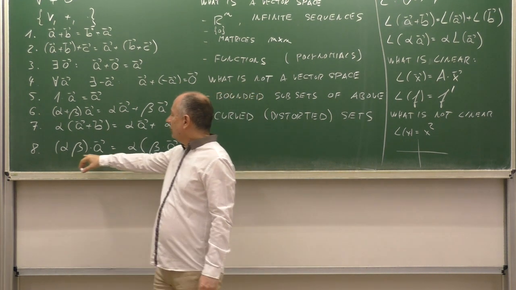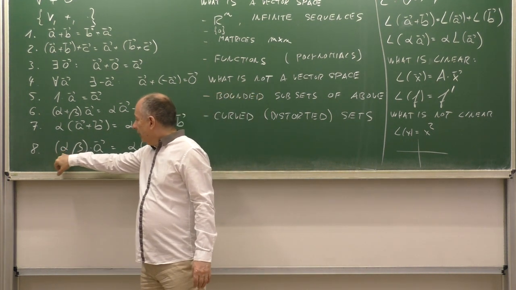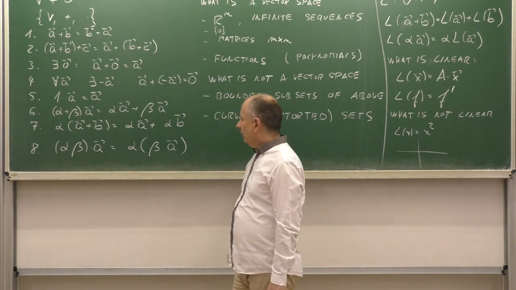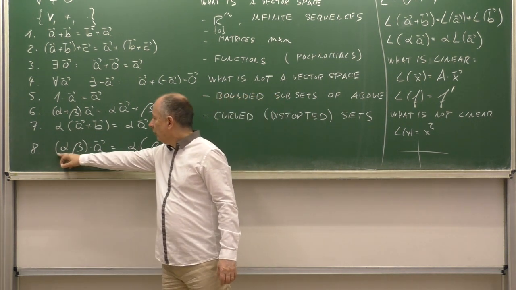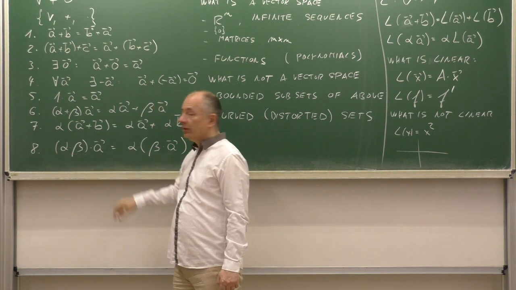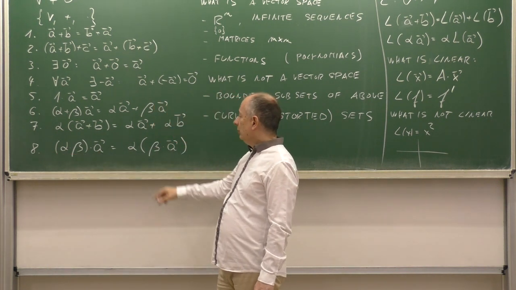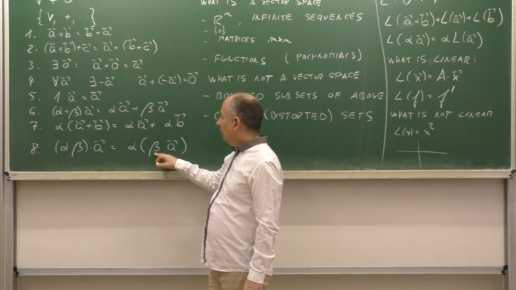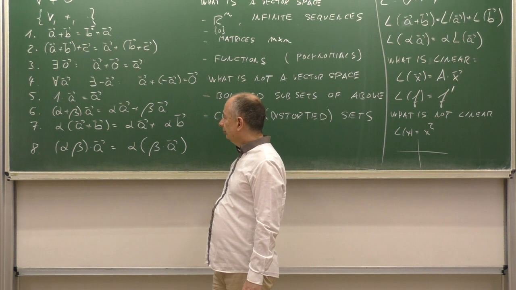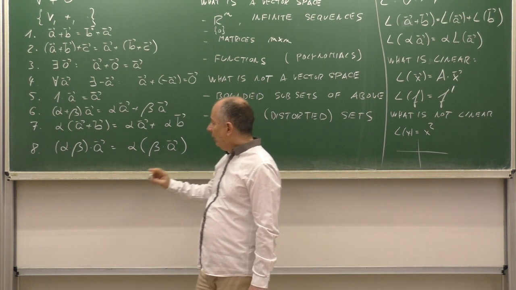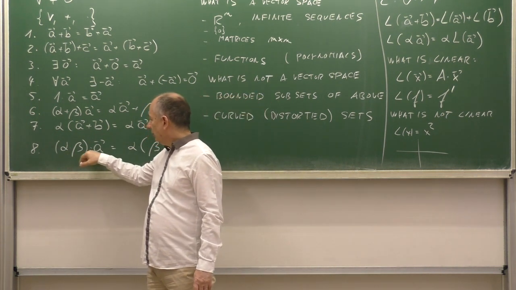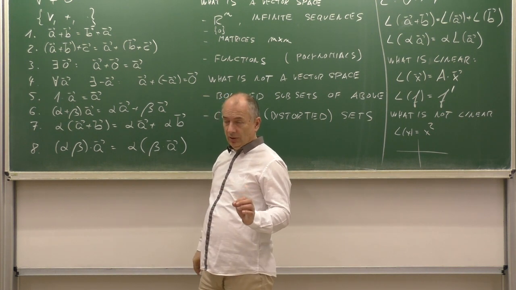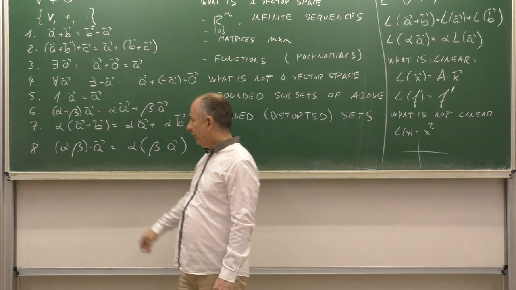Well, and the final condition is that for any 2 scalars, alpha and beta, and any vector A arrow, this should be true. If we multiply the scalars and then we multiply by the vector, we want to get the same result as if we multiply the vector with the 1 scalar and then with the other. And again this time, observe that these 2 dots, even if this is the same graphical symbol, represent a different mathematical operation.